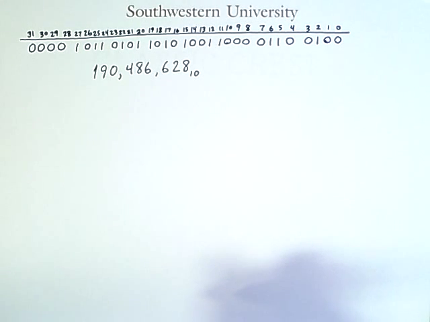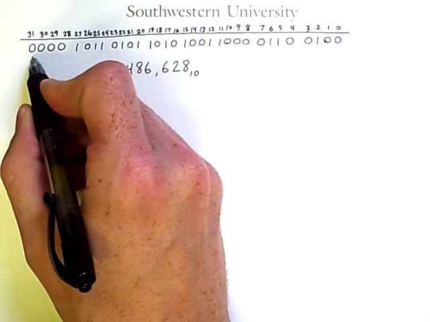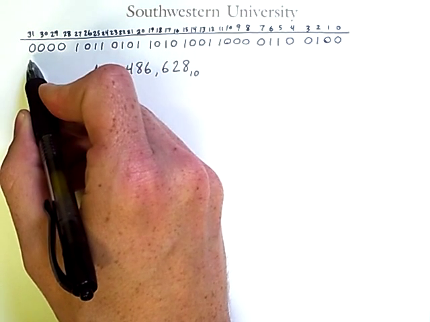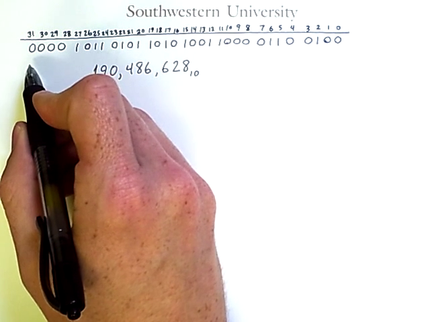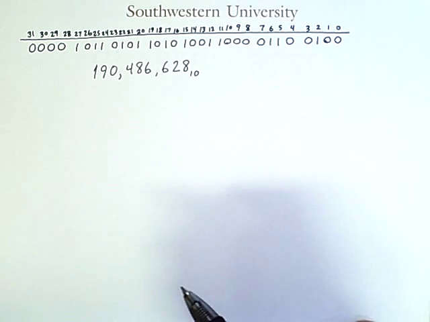Now, this would be the case whether you interpreted this as an unsigned integer, in which case you can only have positive values, or as a signed integer, in which case this first 0 would indicate that it's a positive number.